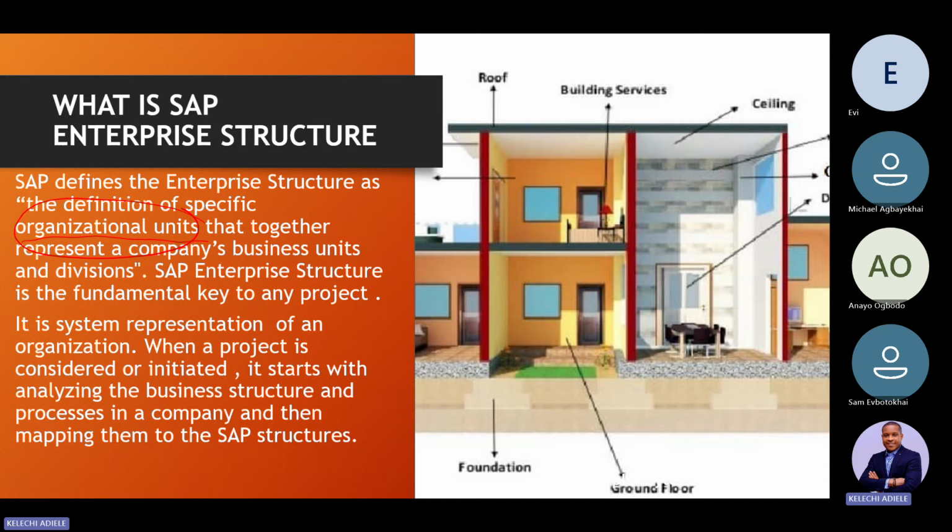So just like you're seeing on my screen, a building that was put together, and you see the foundation, the groundwork, the building services, the roof, all these things. You see the precision that architects and building construction people put into building a house. Everything follows a structured approach.